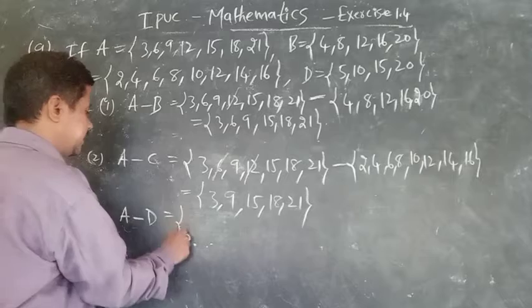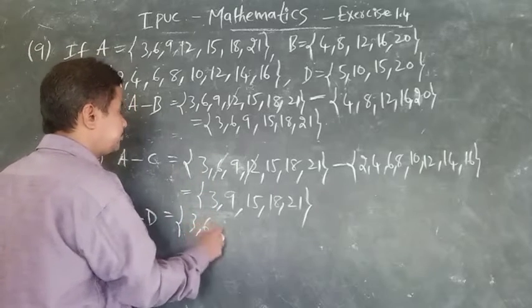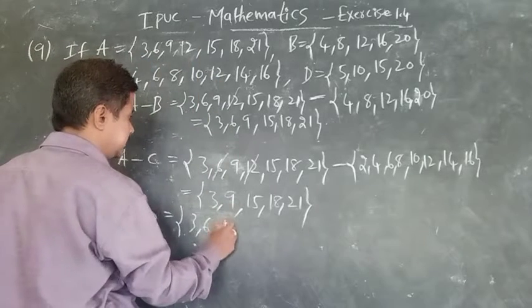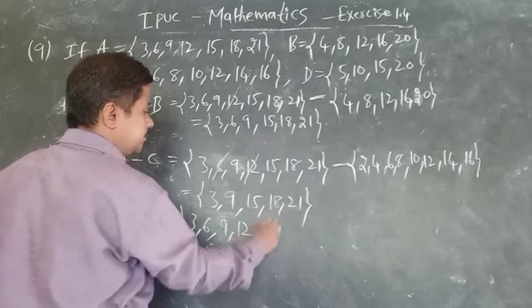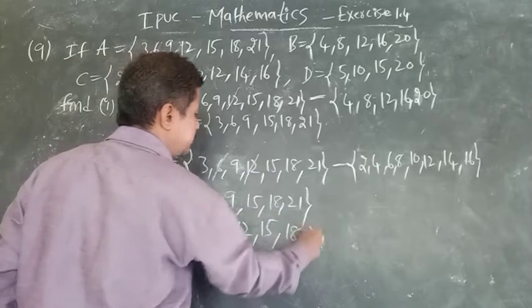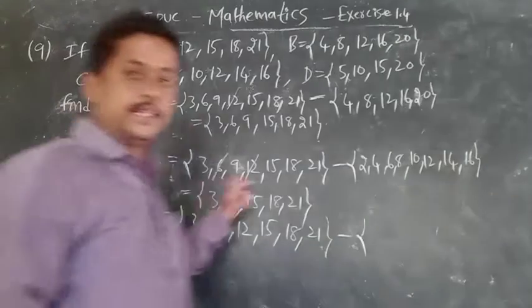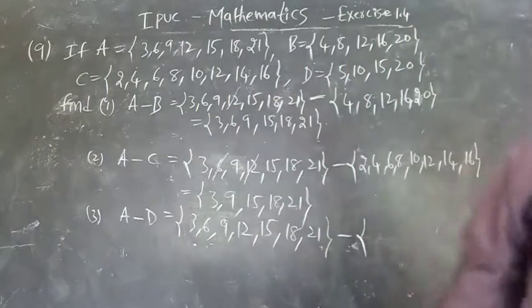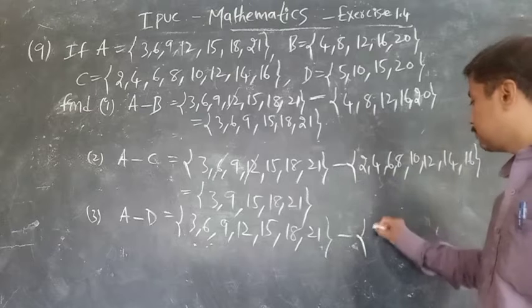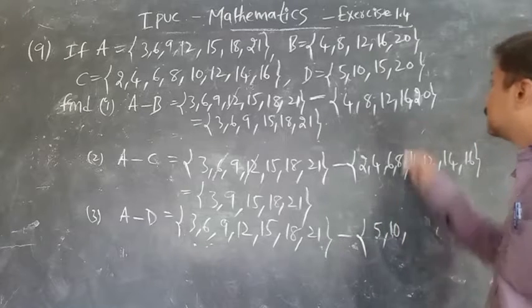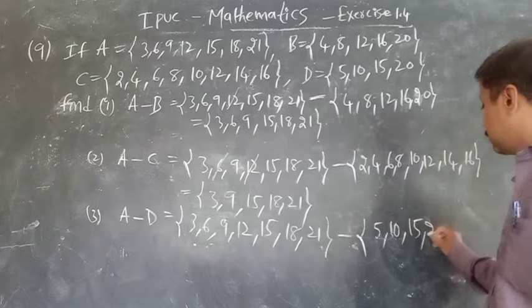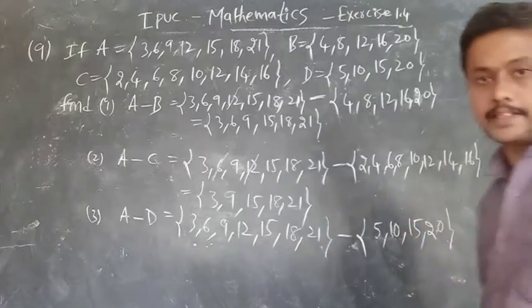Next, A minus D. Write down A set first. A set: 3, 6, 9, 12, 15, 18, 21. Okay, minus. D set is what? D set: 5, 10, 15, 20. Okay, like that first we have to write.